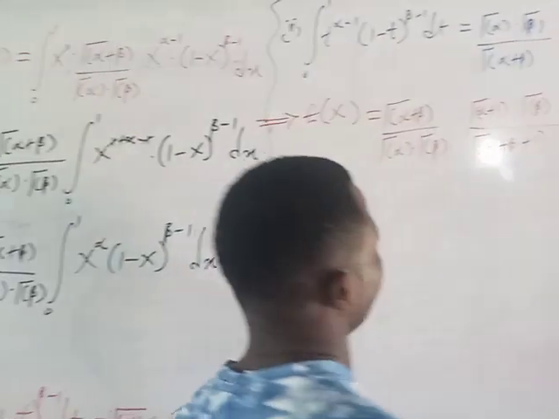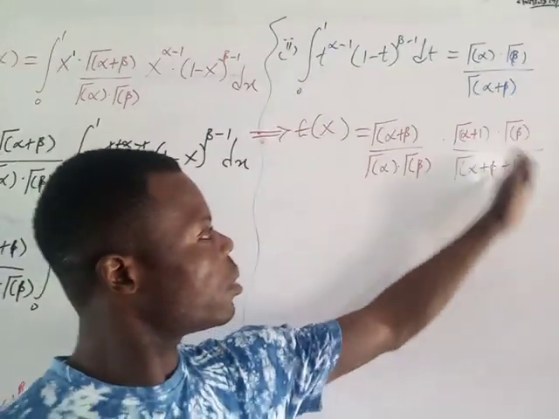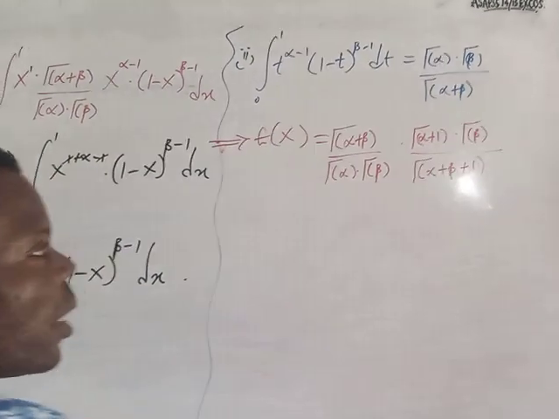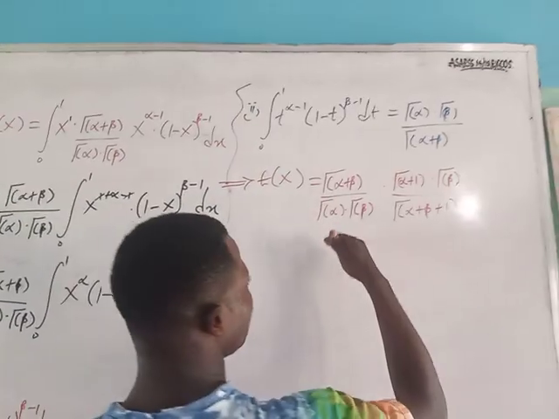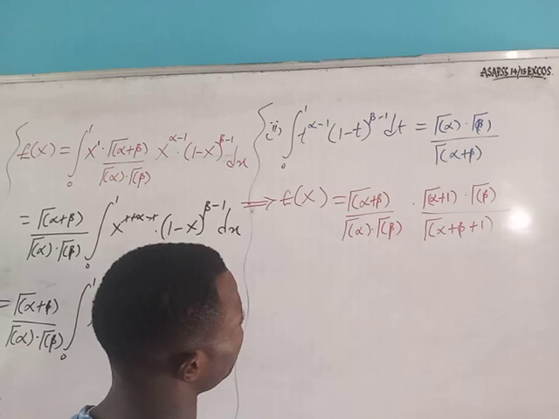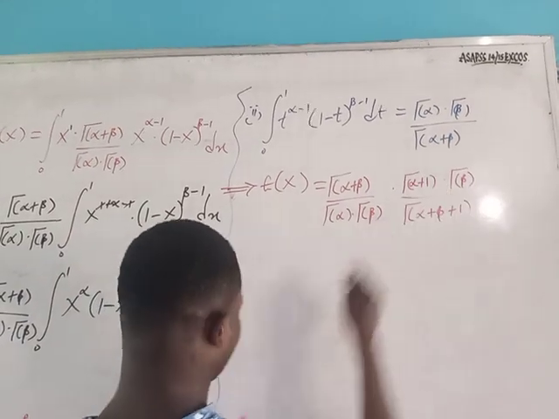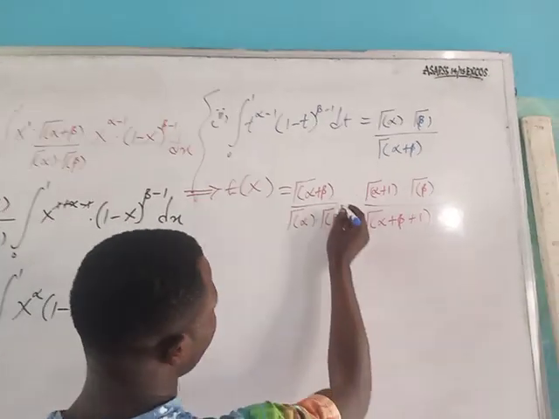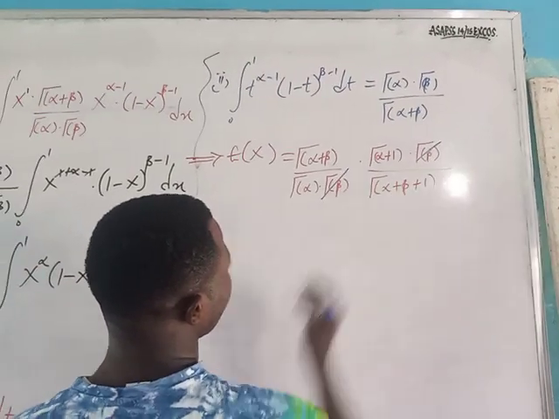So that is the value. So now we want to reduce these parameters or these terms. Let's reduce this term. This can cancel this. This can take care of this.